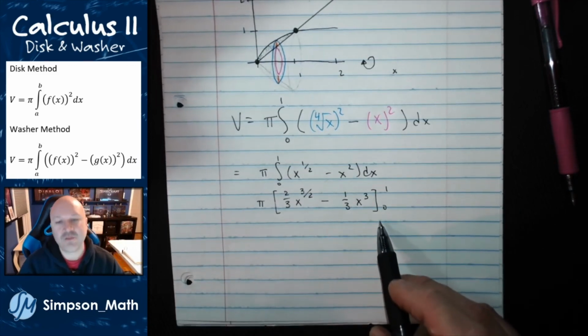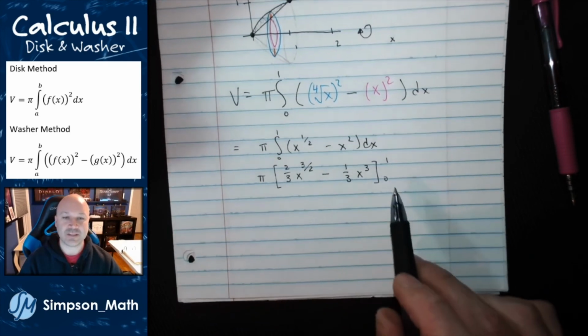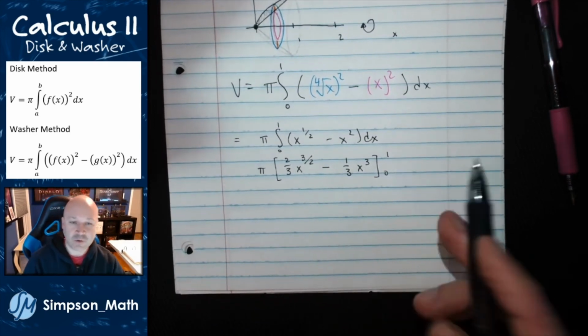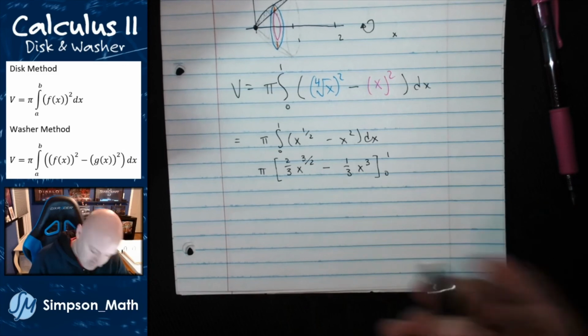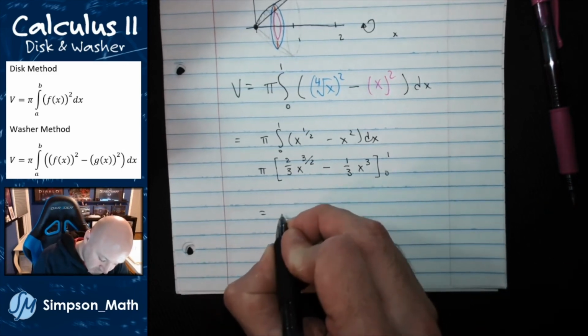I am continually thankful for that 0 every single time. All I have to do is plug in a 1. This is just arithmetic now. I'm done with the calculus.